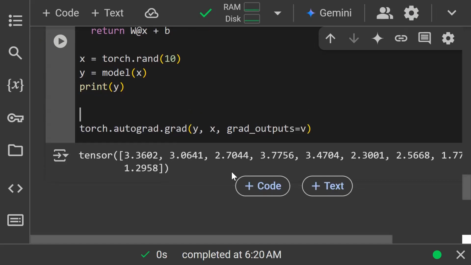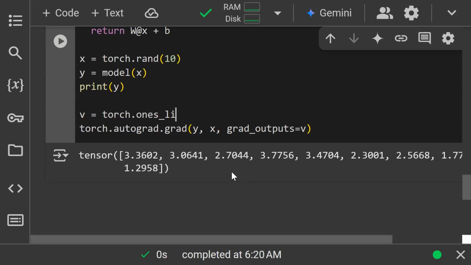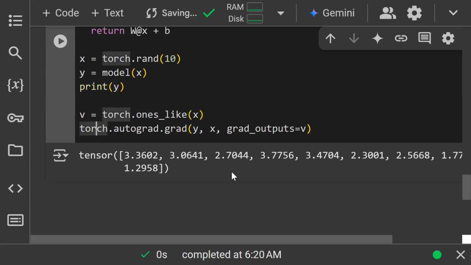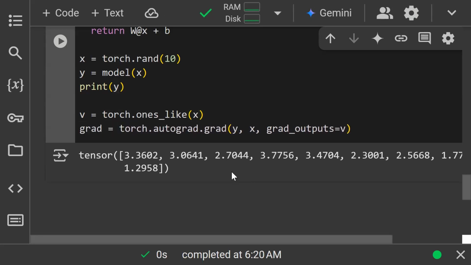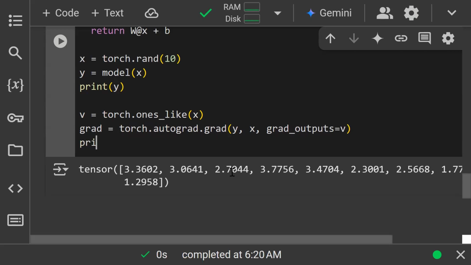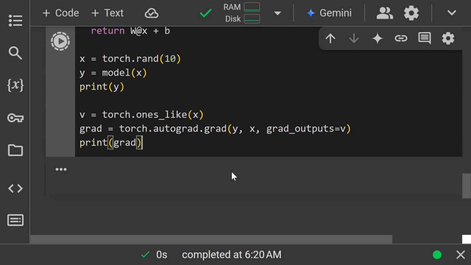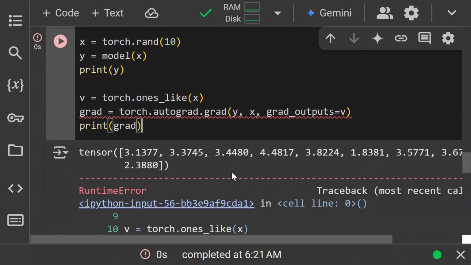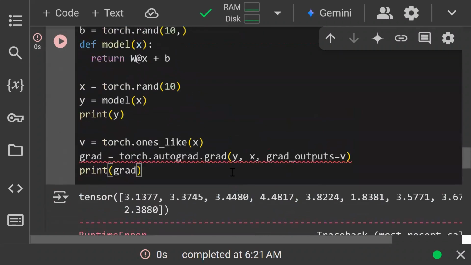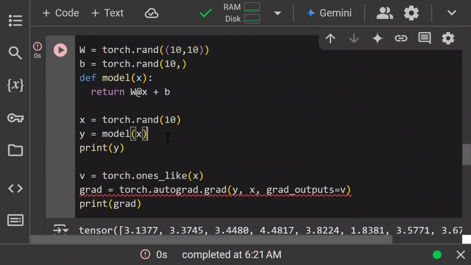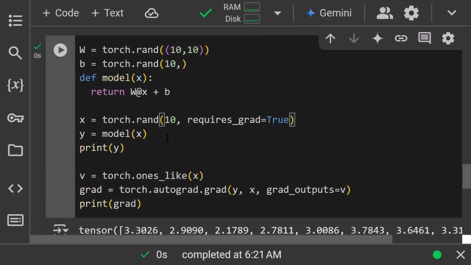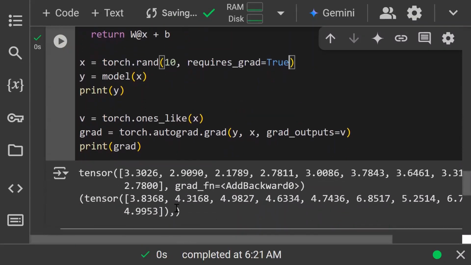For the vector here, I'm going to use torch.ones_like, and that's my gradient. If I print gradient, I'll get some gradient. Oh, I forgot X requires grad. Yeah, now we have the gradient computed.